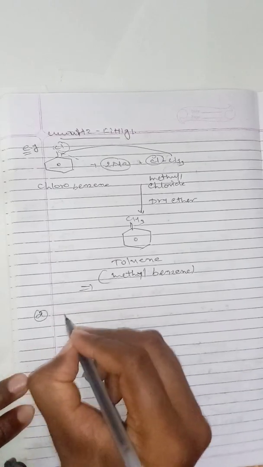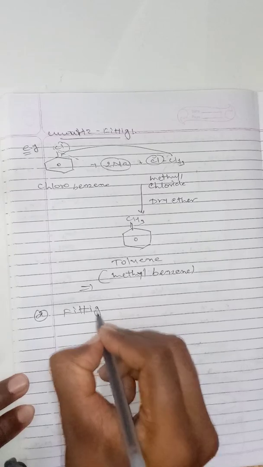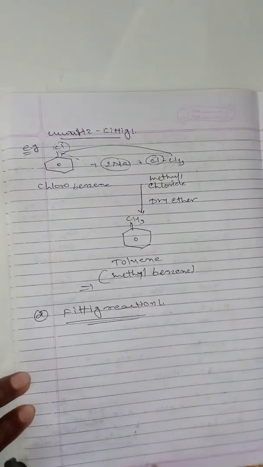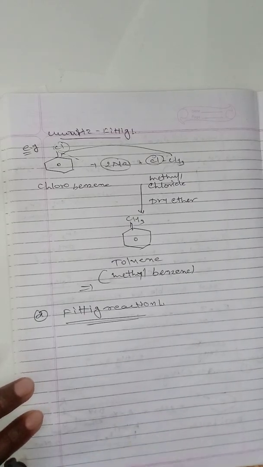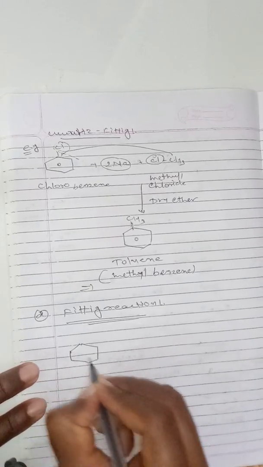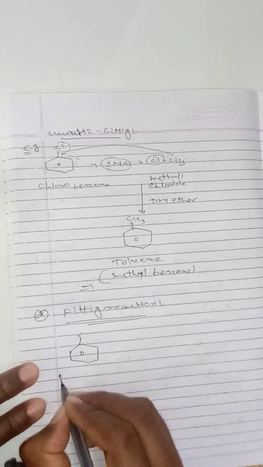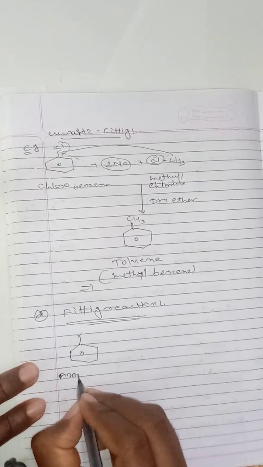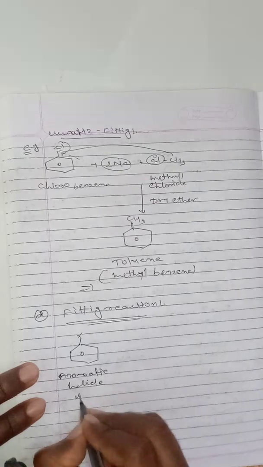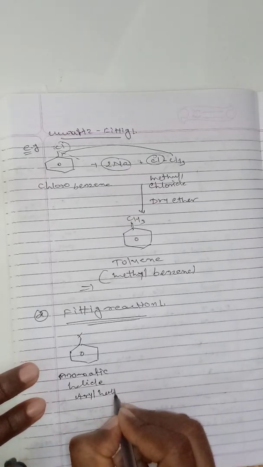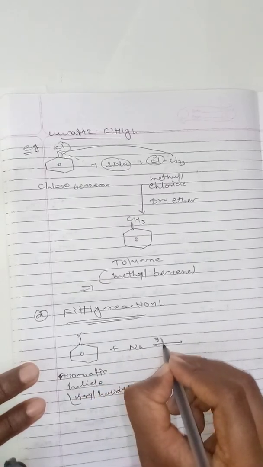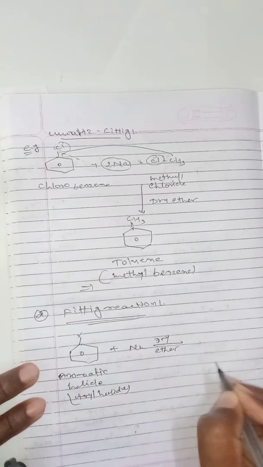Now the Fittig reaction. Here only aromatic halide or aryl halide reacts with sodium metal in the presence of dry ether.